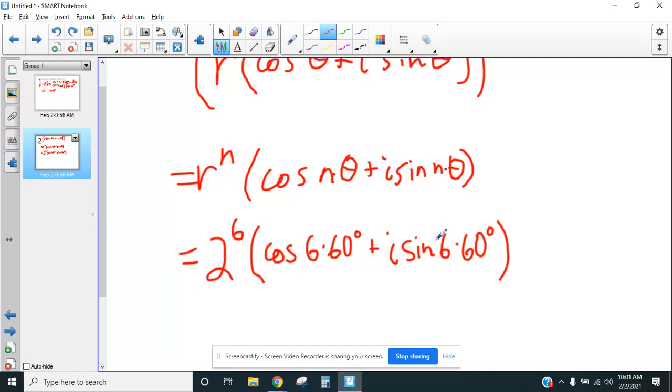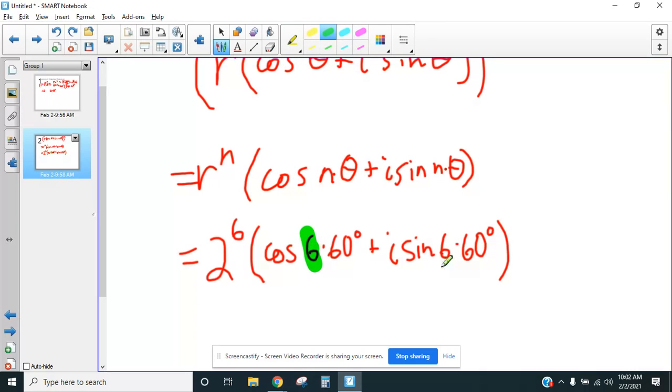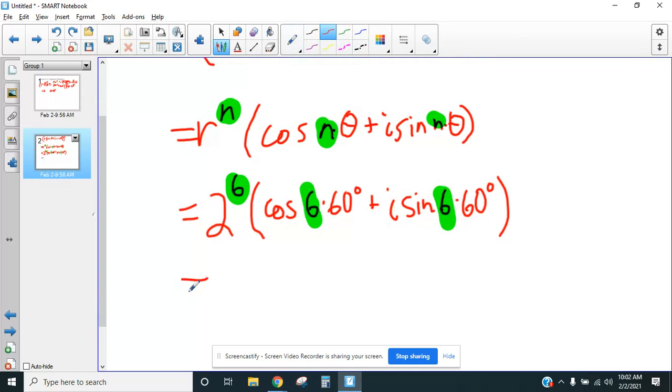That 6, that 6, and that 6. That's what n is up here. So we need to simplify a few things. 2 to the 6th is 64. And then the cosine of 6 times 60 turns into cosine of 360. And the same thing here, i times the sine of 360.